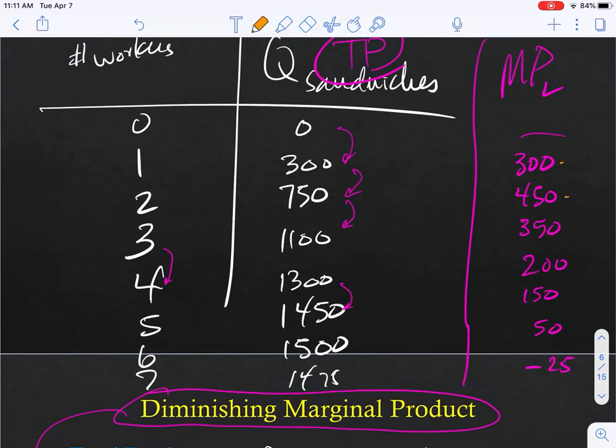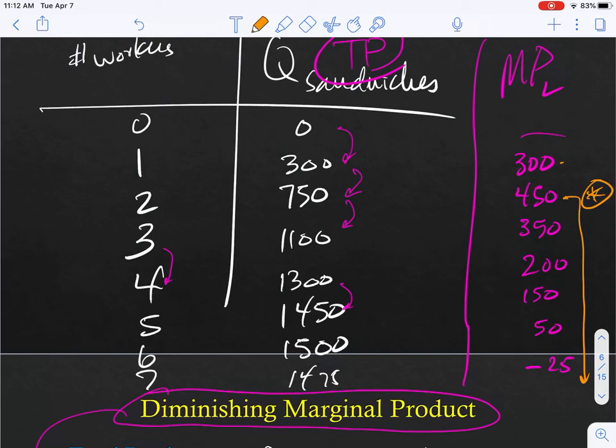So in our little example that we did up here, what's happening? Marginal product of labor was 300, then it was 400, so there the marginal product is increasing. But then it went from 450 to 350. Well, there's where it's beginning to decrease. And then 350 to 200, and 200 to 150, and 150 to 50, and 50 to minus 25. So you have diminishing marginal product setting in right here at worker number 2 in the example that I just made up on the fly last video.